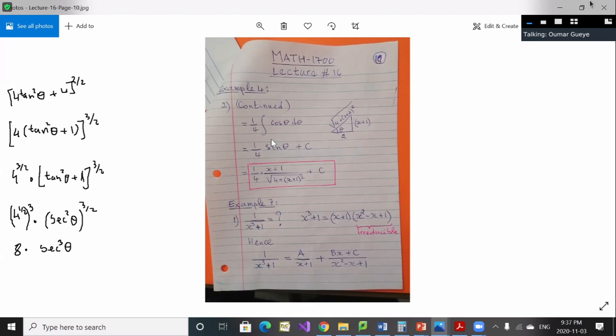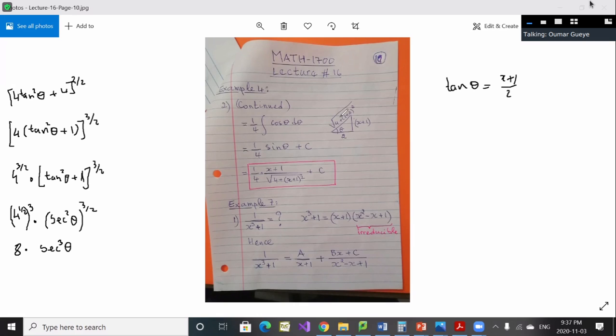Now we have to substitute back, and to do so we use the triangle here, because at the beginning our substitution was tan of theta equal to x plus 1, if you look at your substitution formula, over 2.